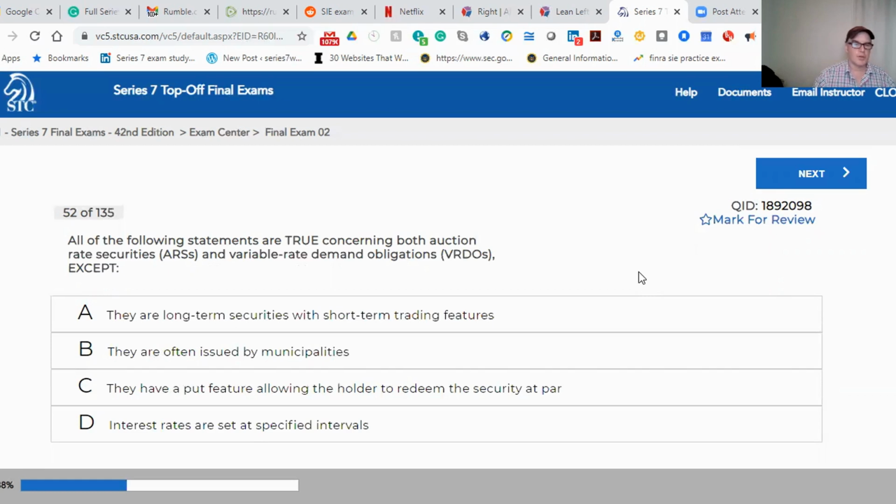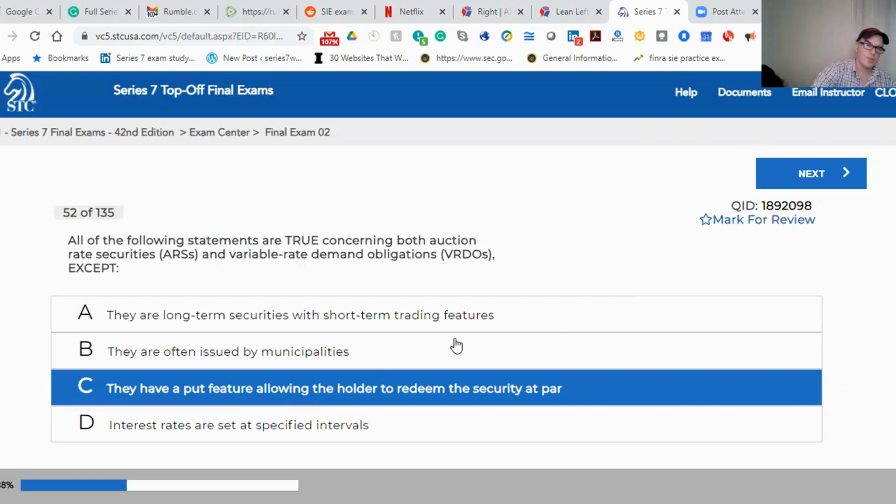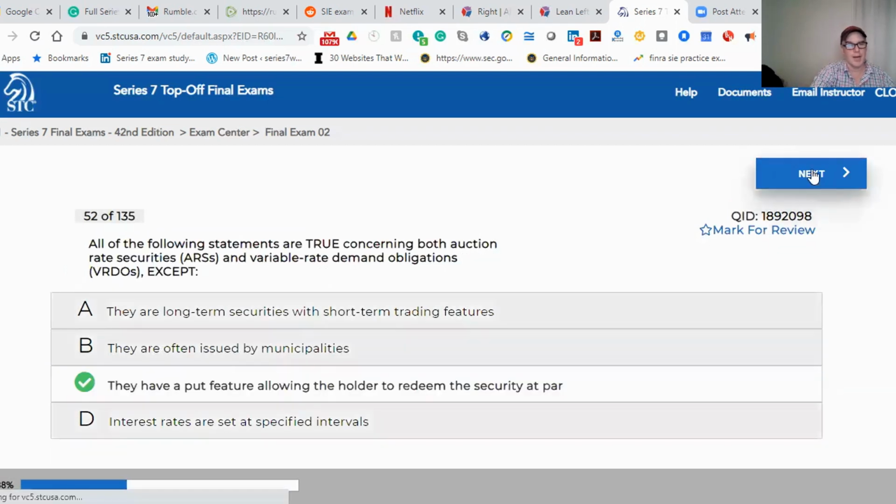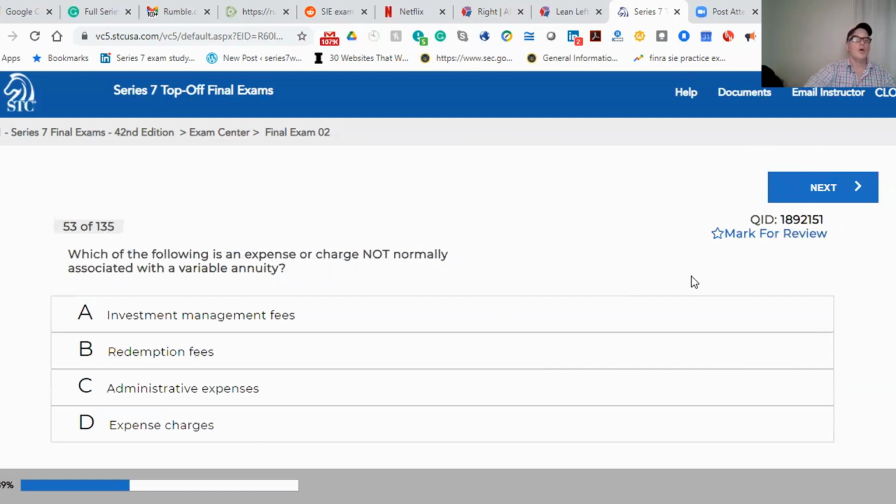Yes. They have a put feature allowing the holder to redeem. Well, I know the VRDOs do. And interest rates are set at specific intervals. That is true because of auctions. So I'm going to say what's different is that the VRDOs have a put option. Auction rate securities do not. There we go. Okay. Which of the following is an expense or charge not normally associated with a variable annuity?